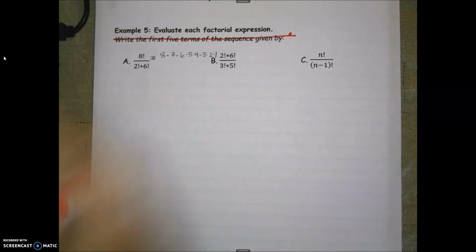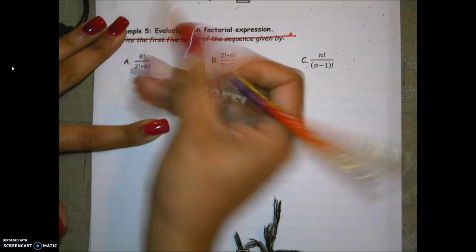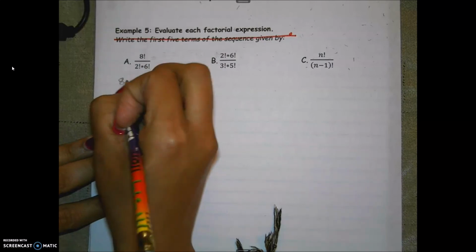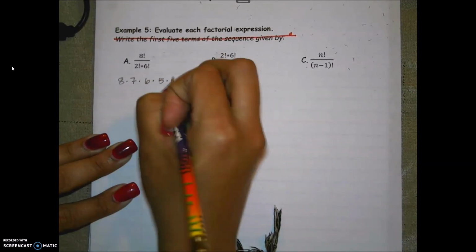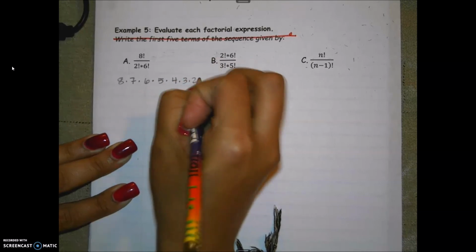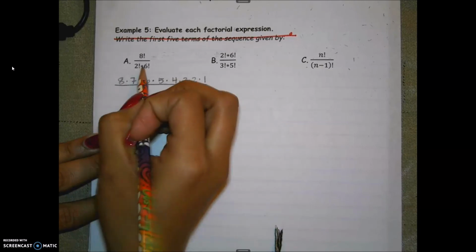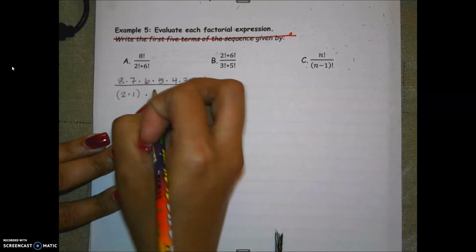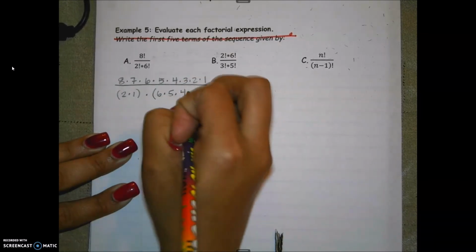I'm writing this in pencil because I want you to see something. Divided by 2 factorial, which is 2 times 1, times 6 factorial, which is 6 times 5 times 4 times 3 times 2 times 1.